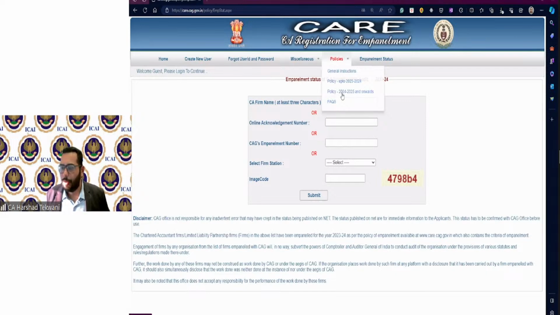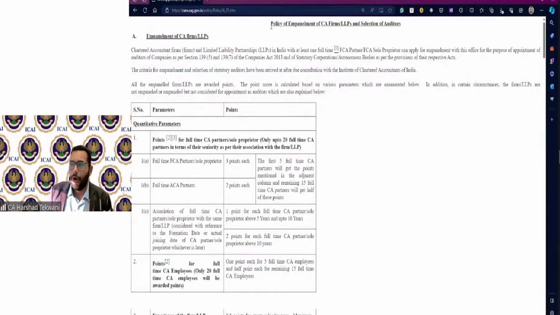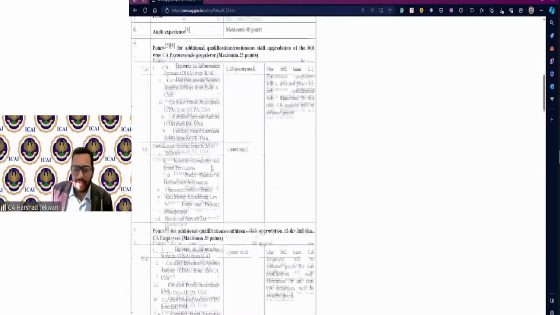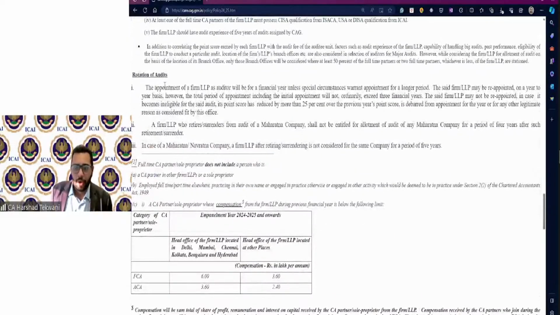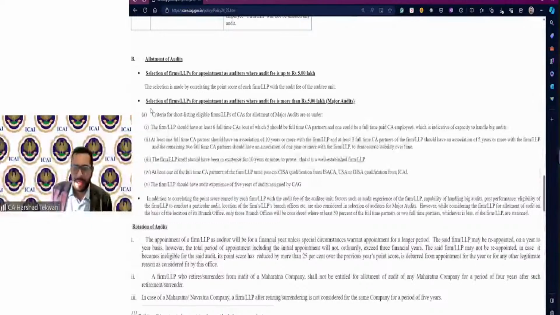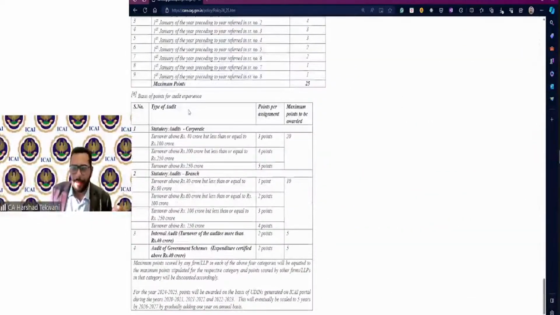If I just show you the policy, this is the policy for empanelment of CA firms, LLPs, and selection of auditors. So it could be a full-time practice. There is a point-based criteria. You need to satisfy all these criteria, and then you will be able to apply for the empanelment. Rotations happen, and a lot of things are there, selections of the firms. So a detailed policy is there, basically.